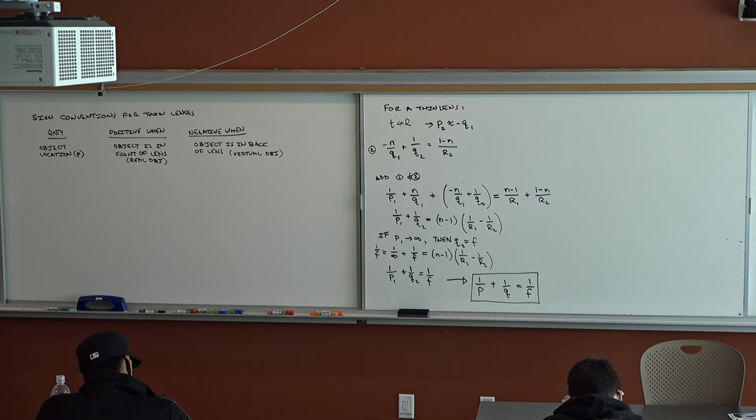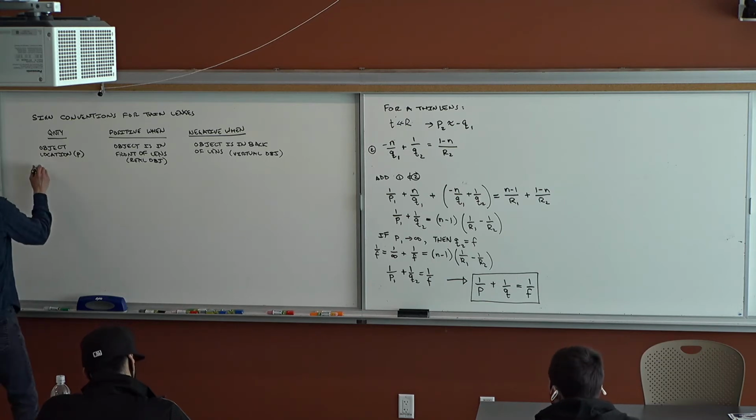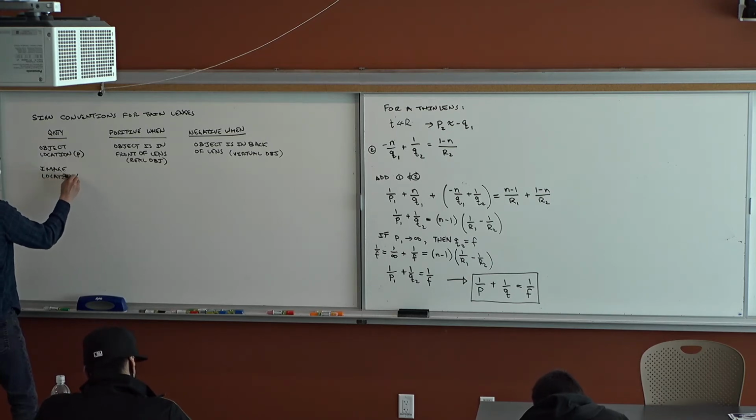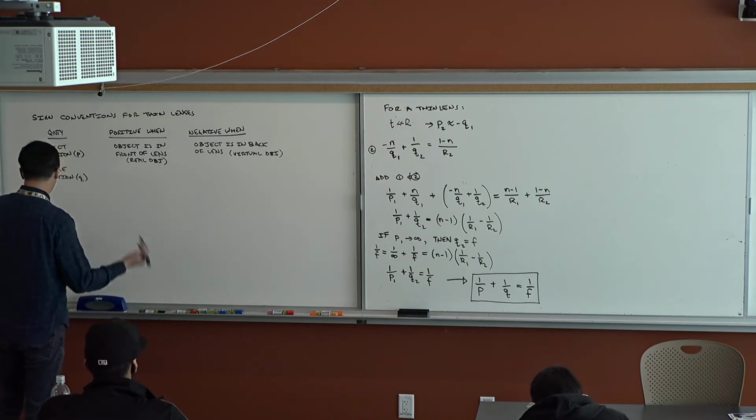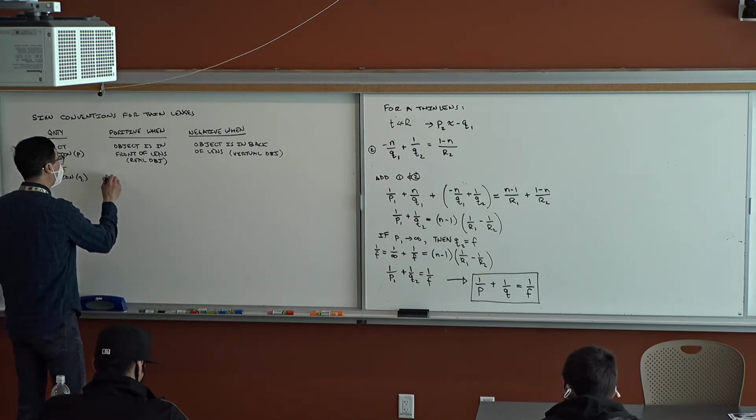It will be negative for a virtual object behind the lens. The image location Q is positive if the image is in back of the lens, a real image.